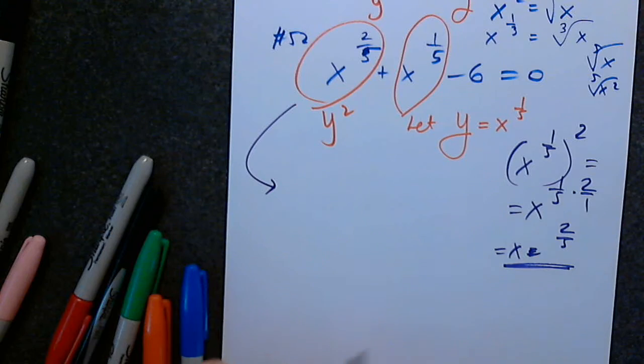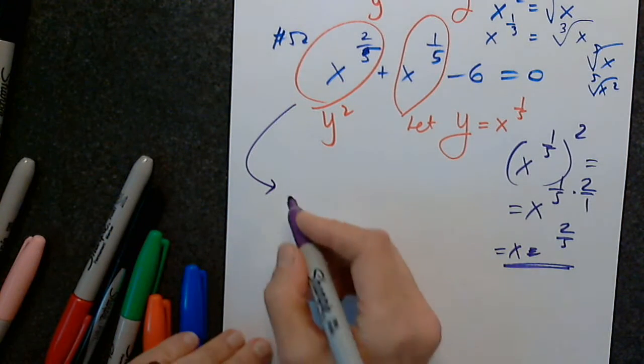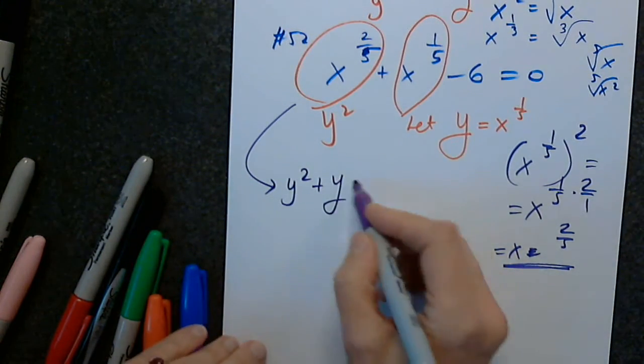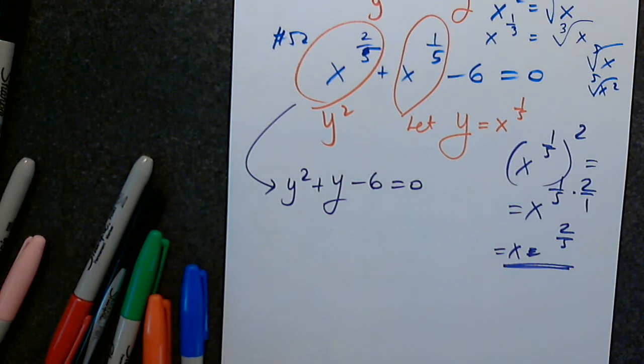So y squared plus y minus 6 equals 0. Excellent. Which is a piece of cake, right? In comparison to what I just had, the 5th root of x squared and the 5th root of x minus 6. This is a piece of cake.